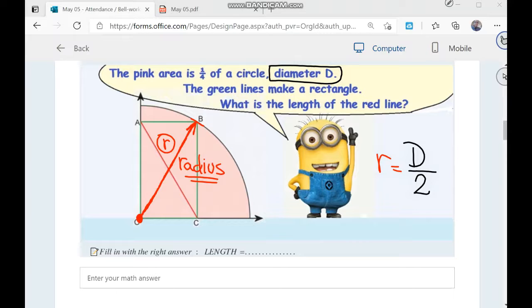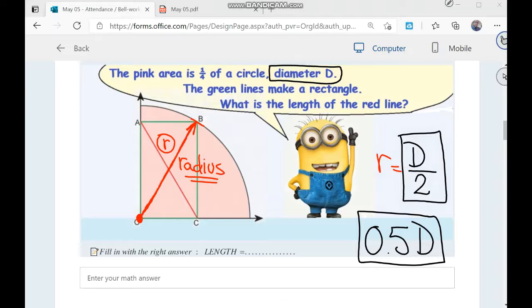So the red line is the radius, they have the same length, and the length is the diameter divided by 2, or d over 2. You also can answer 0.5 times d. It's also a correct answer. We don't have any winners today, but you tried, you thought about it, and that's good. The right answers can be d over 2 or 0.5 times d. Both are correct.